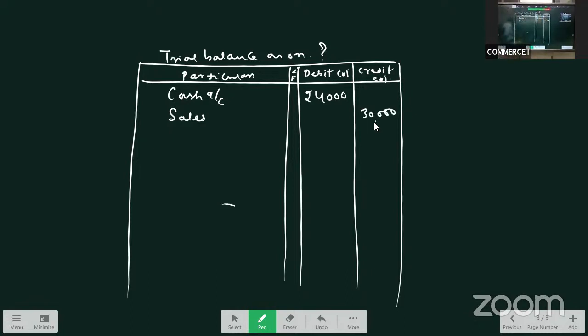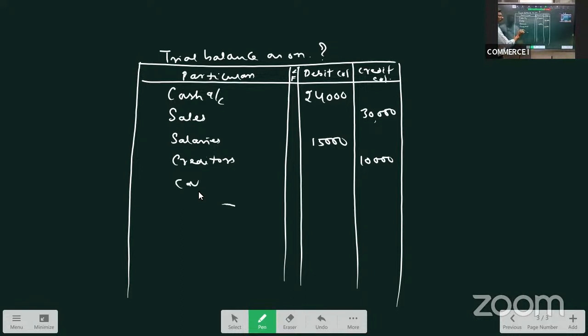Next is salaries. Salaries, 15,000, are expenses. Expenses are debited. Then creditors. Creditors are liabilities, and liabilities are to be shown in the credit column. Next, capital.